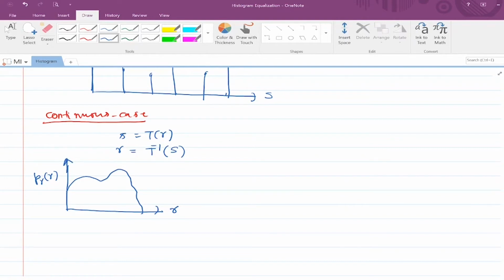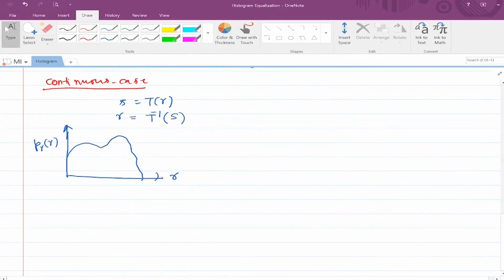From basic probability theory, the probability density function of the new random variable s is equal to the probability density function of r multiplied by the absolute value of dr by ds. This is the basic result.